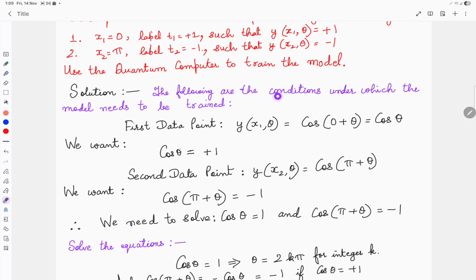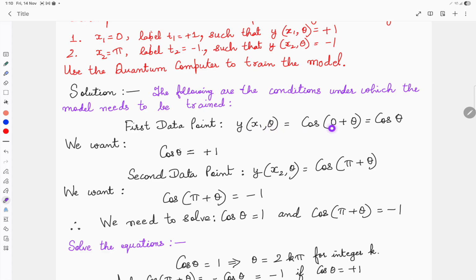Now the following are the conditions under which the model needs to be trained. Because we have to train the model, we have two data points. One is with x1 equal to 0, x2 equal to pi. For the first data point, if we use the previous results, y of x1 comma theta was cos of x plus theta.